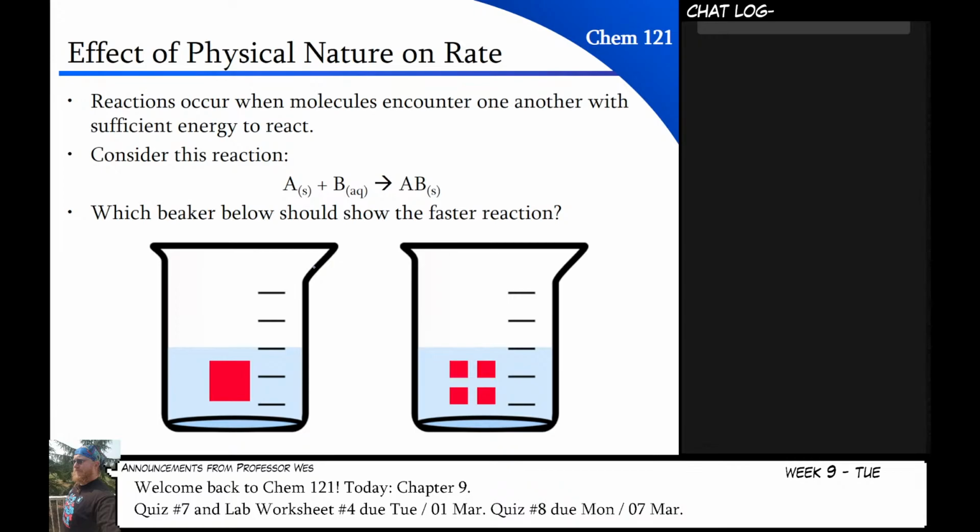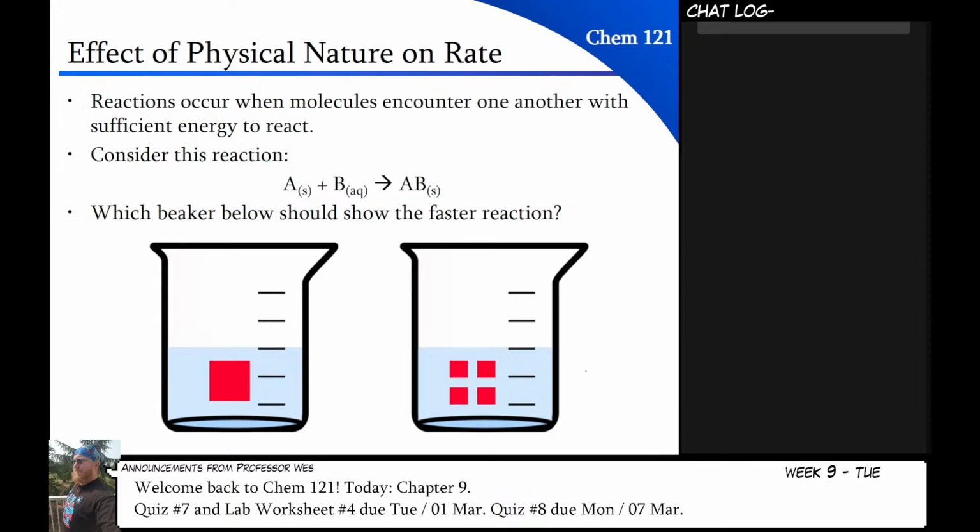On my screen, you can see it very clearly on the display over here. I have a solution of B, which is the blue liquid. And then I have A, which is my solid. Which of these should react faster? Well, in theory, if I have more places to react, the faster the reaction should go. But which beaker has more places to react?